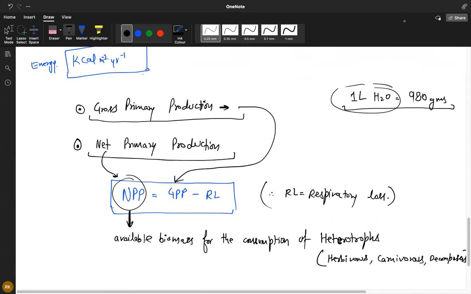Primary production is where a plant takes sunlight, CO2, water, does photosynthesis and makes its food, and that helps in the growth of the plant. You sow a seed, a new seedling comes out, starts doing photosynthesis and starts growing.